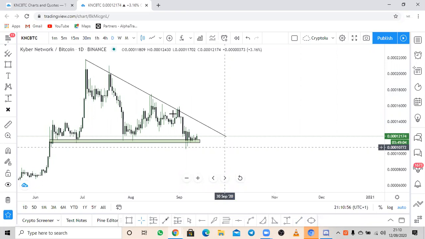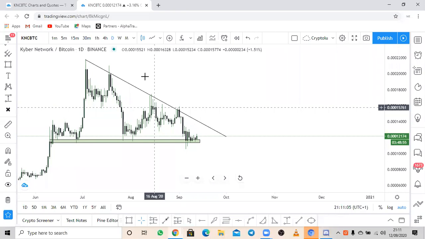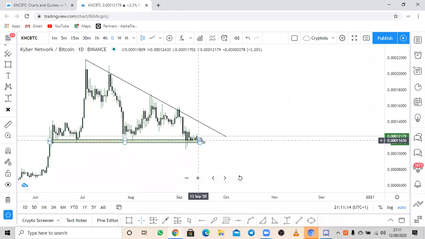So this is actually a descending triangle pattern. Even if you are just trading for the first time, you should have been taught in school that this is a descending triangle pattern.